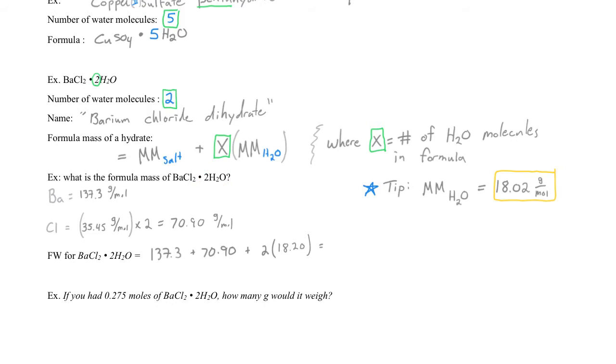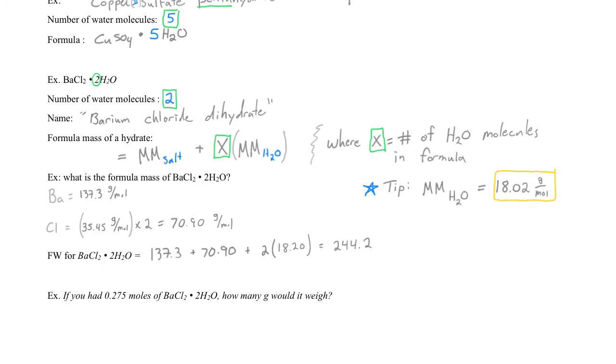There are 2 water molecules. Let's add all of these up and then make sure we round it to the correct precision. After all is said and done, we have 244.2, and that will be grams per mole, but let's double check here that the precision is correct.